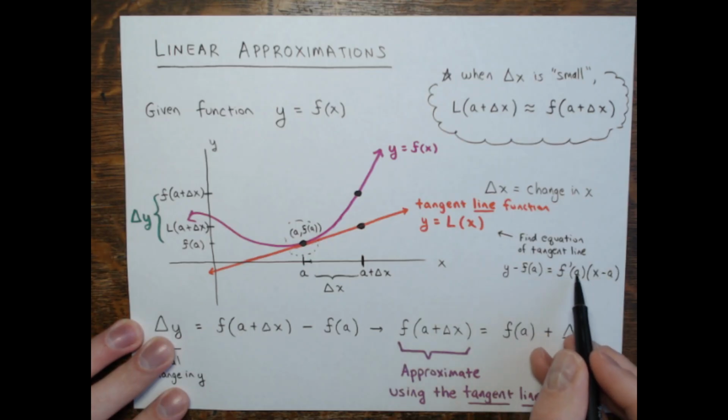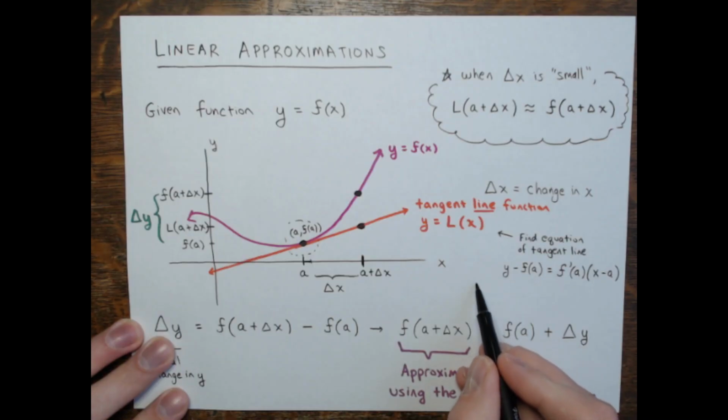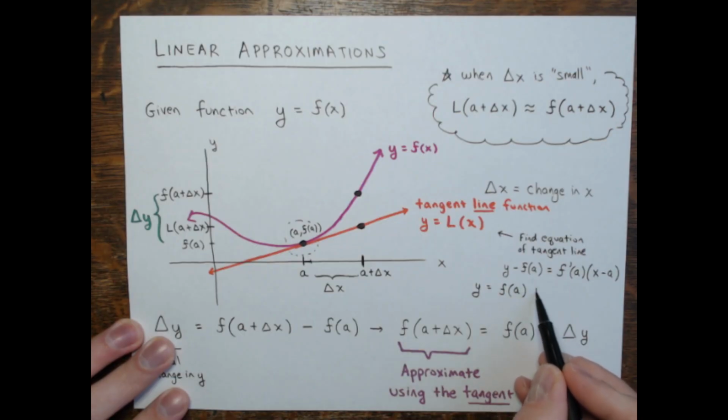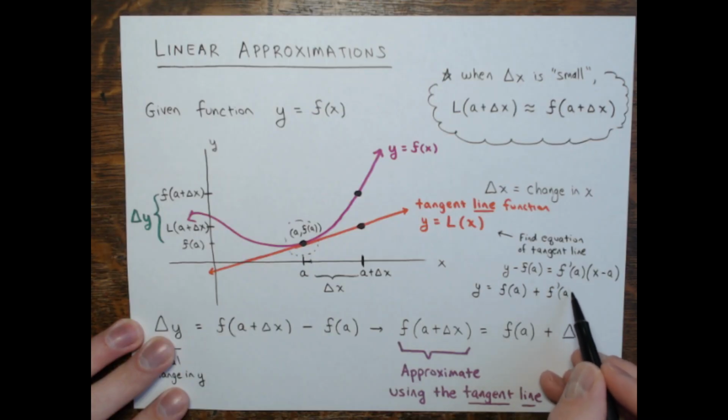And then I add f of a to both sides, and we get y equals the value of f at a, plus the value of f prime at a, the slope of the tangent line, times x minus a.